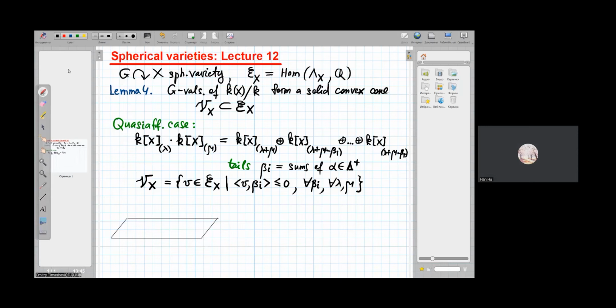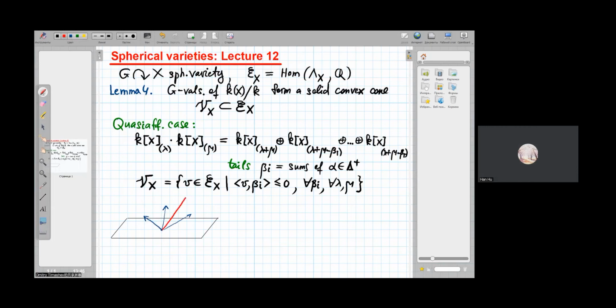This is the origin. These are, say, positive roots. And the tails are just sums of positive roots.